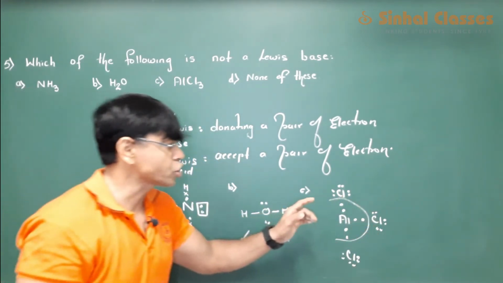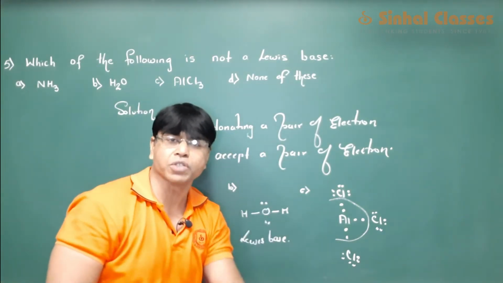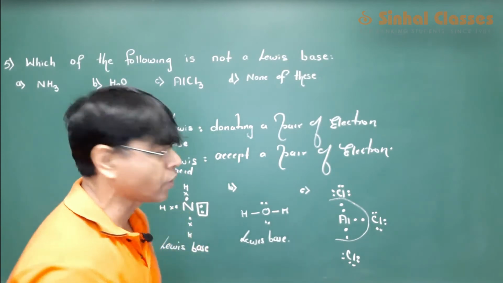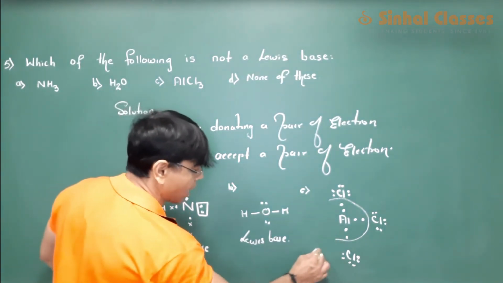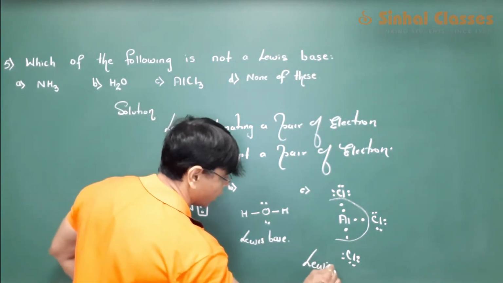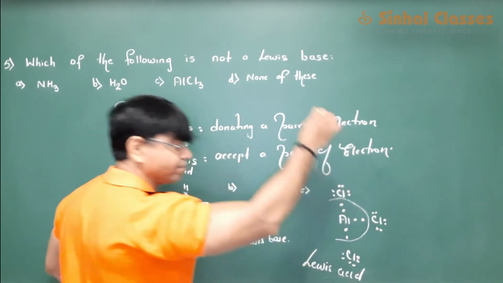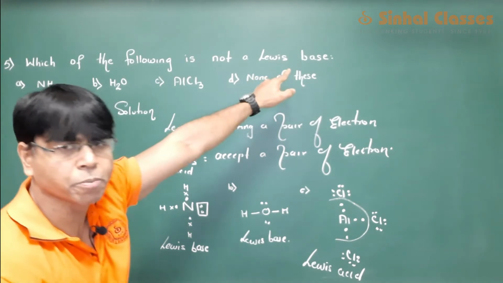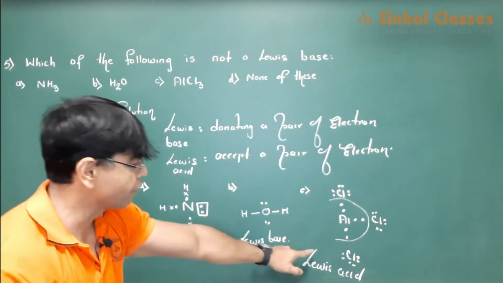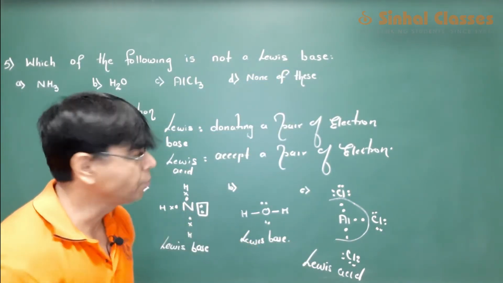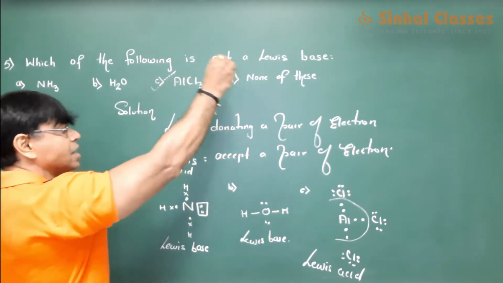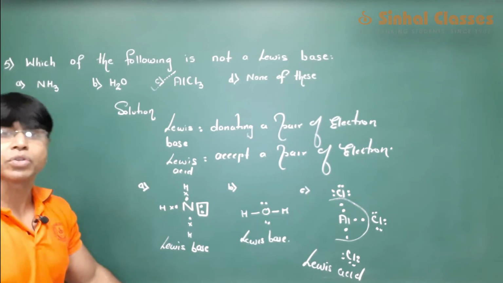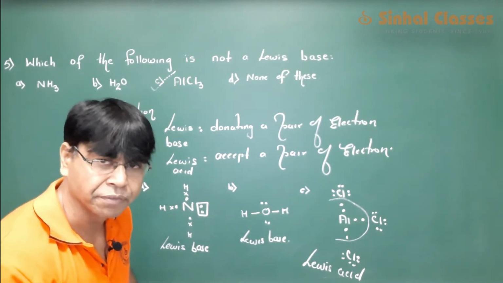That means it is having a shortage of 2 electrons for octet. So it will be accepting a pair of electrons. Since it is accepting a pair of electrons, it is a Lewis acid. They are asking which of the following is not a Lewis base? So definitely the answer should be aluminium chloride. It has an incomplete octet. So your answer is C for question number 5.